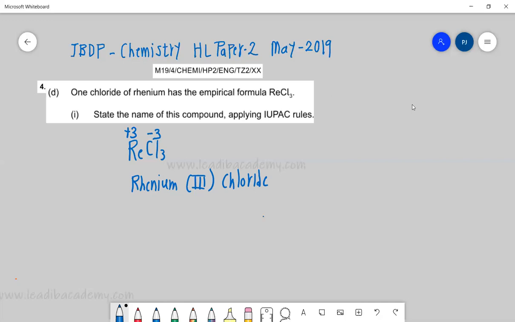For example, manganese can exist from +2 to +7. Then which one are we referring to? We can make that out easily by looking at this name. Whatever is mentioned in the bracket indicates the oxidation state.